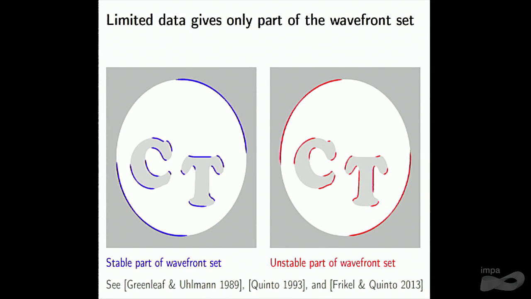The measurement data is not telling us about these parts. There's no way to recover from the data only. Whereas these parts are really well represented in the data. For those ones, we don't really need so much a priori information. So it's a geometric description of the information content of the data.